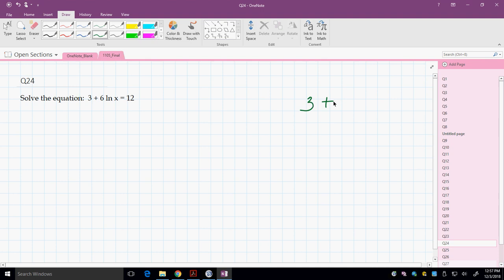We have 3 plus 6 natural log of x equals 12.